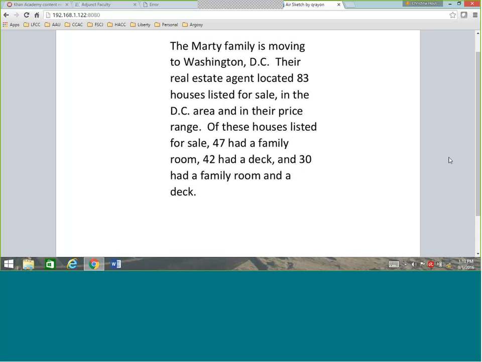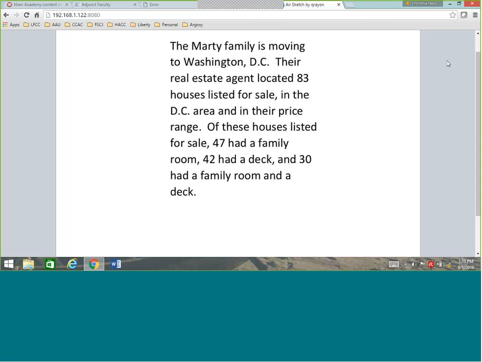Of these houses listed for sale, 47 had a family room, 42 had a deck, and 30 had a family room and a deck. That's the situation, and we're going to use a Venn diagram to illustrate what's happening with the houses in this situation. The universal set is going to be all 83 houses.